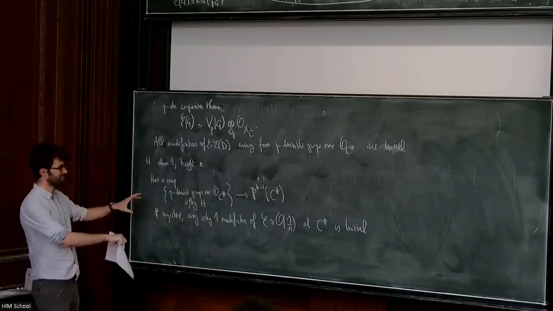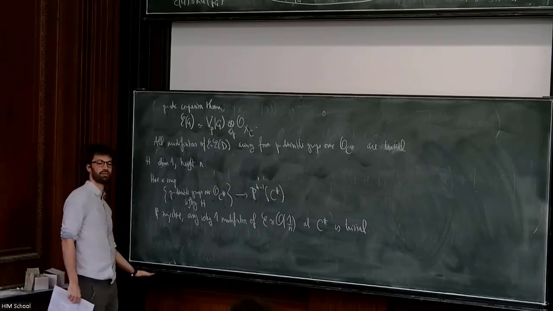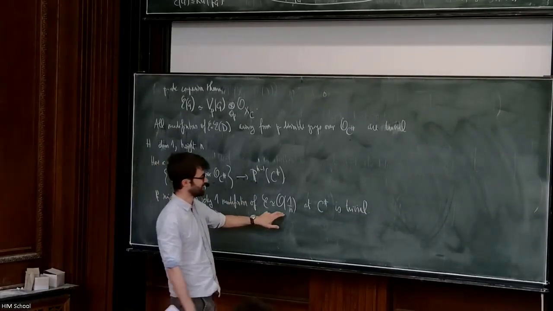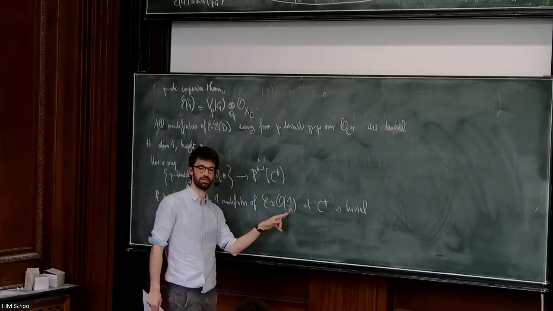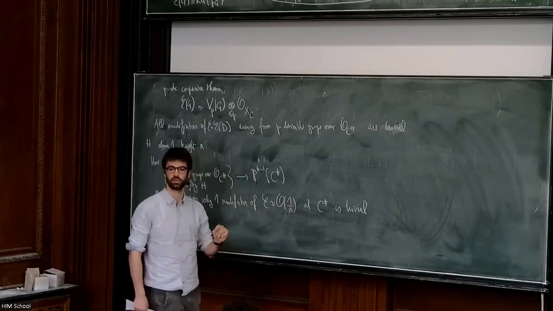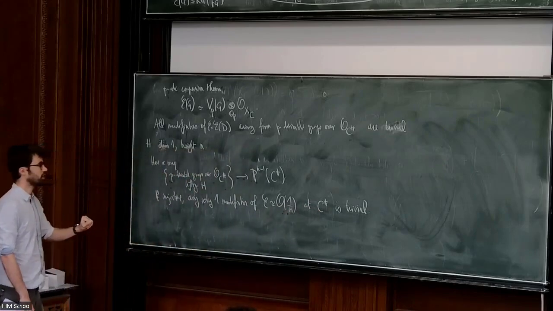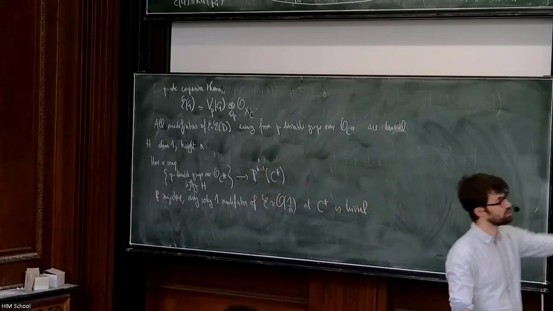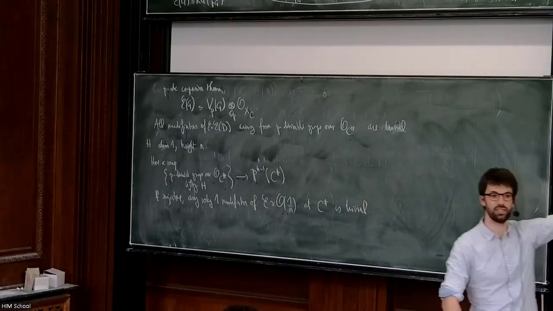So you see that this statement about period morphisms for moduli spaces of p-divisible groups gives you some information about the type of modification of these vector bundles that you can make at infinity, I mean, at the point corresponding to your untilt. And the original proof of Fargues-Fontaine was using this observation instead of the argument that we did in step 3.